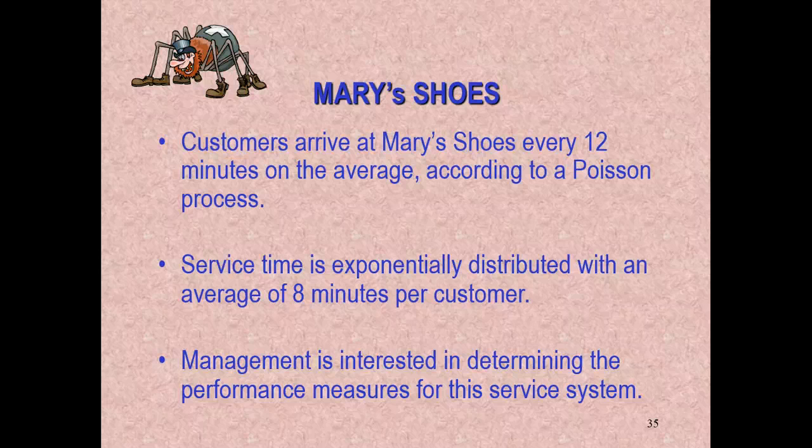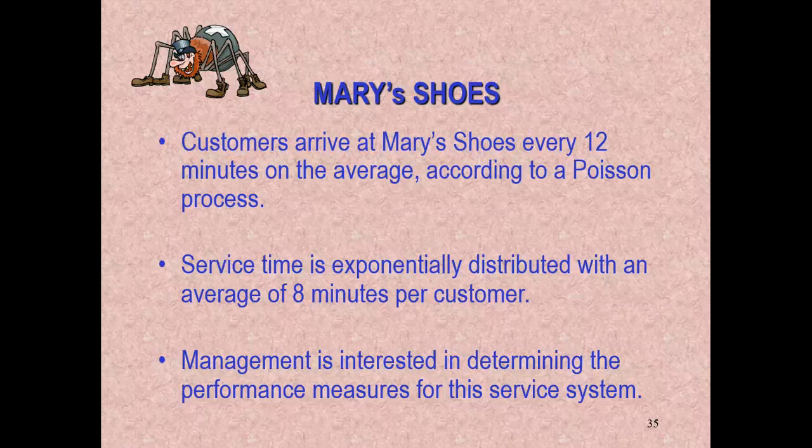So a couple of things that they didn't give us directly. It says customers arrive at Mary's Shoes every 12 minutes on average according to a Poisson process. So we get one customer every 12 minutes. This is called an inter-arrival time, right?